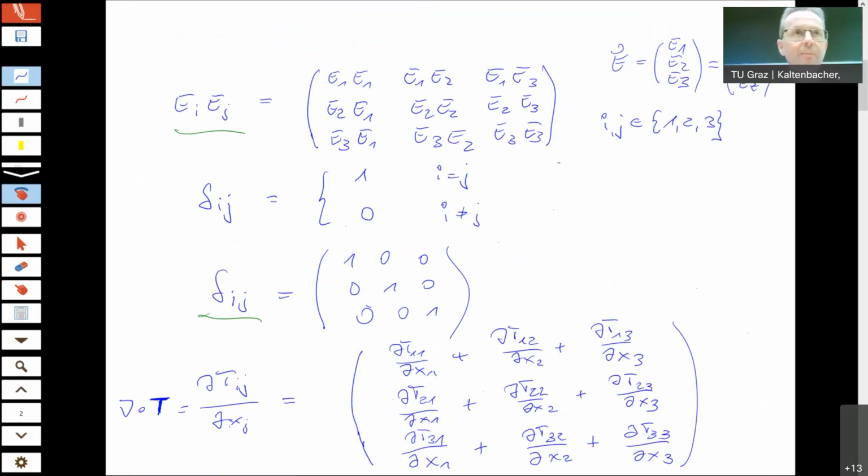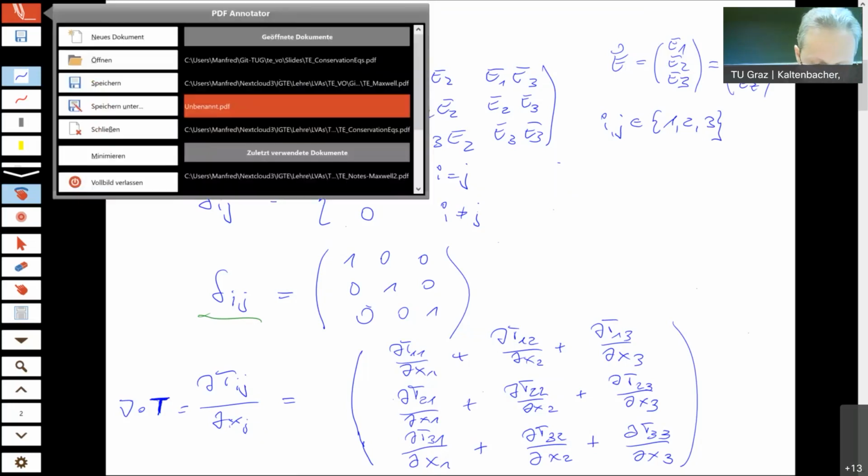Clearly, you can look up in any mathematical book how you compute it with this nabla operator. So really the divergence that we are used to, which is easy on a vector, but on a tensor of second order, it is really not easy to remember how to compute it. So in this sense, I would say the index notation is easy.